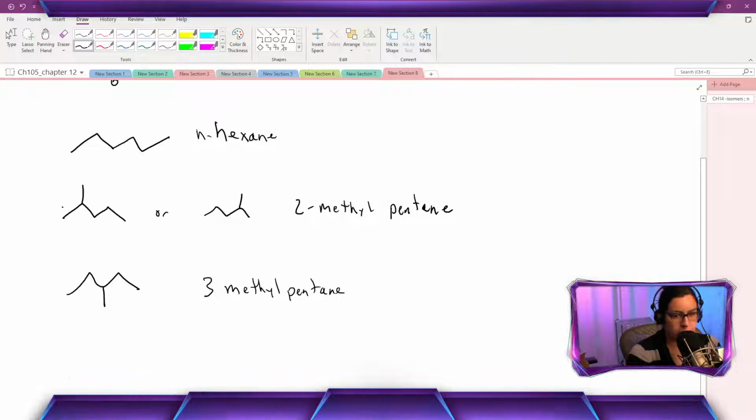Then you could try with butane. So 4. 1, 2, 3, 4.